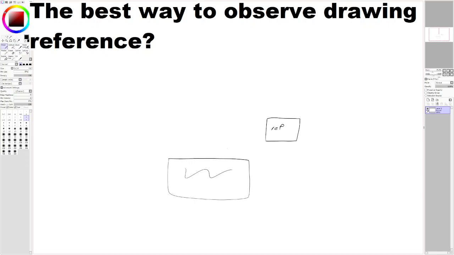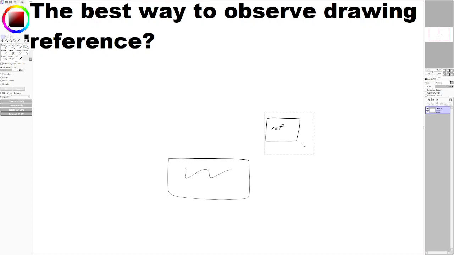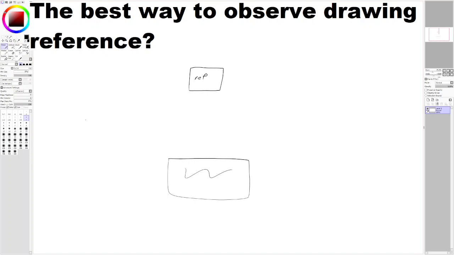So that's for physical objects, but if you're working digitally, more often than not you're probably going to have two monitors, and you'll be using a second monitor. I think the problem with that is the separation. So let's say this is your monitor 2.